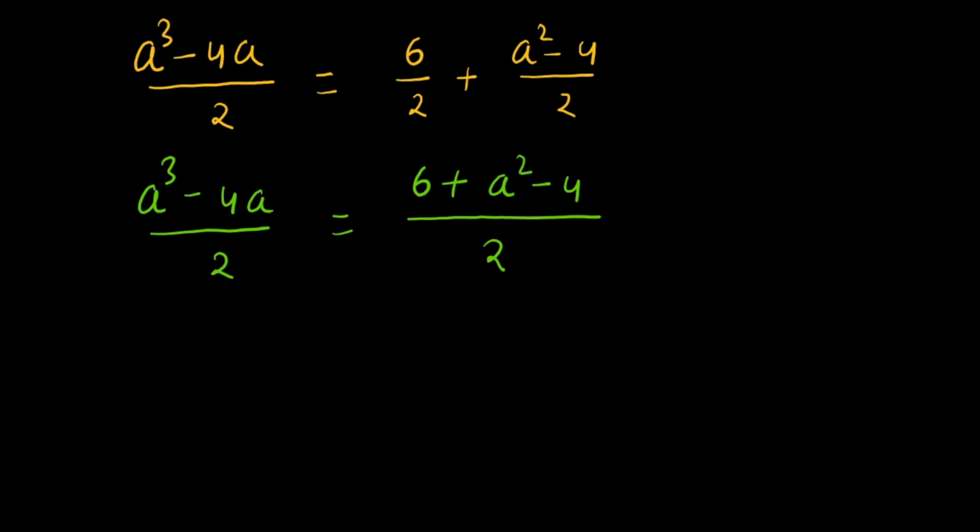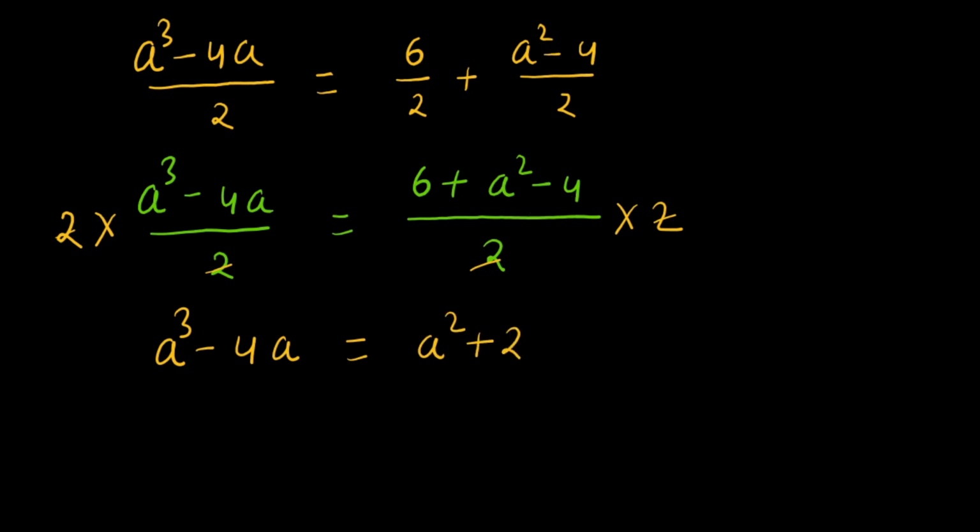Now if we multiply both sides by 2, the 2s cancel out. On the left-hand side we have a cube minus 4a, which equals a square minus 4 plus 6, that is a square plus 2.